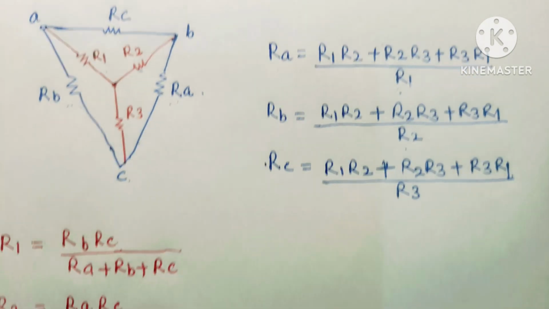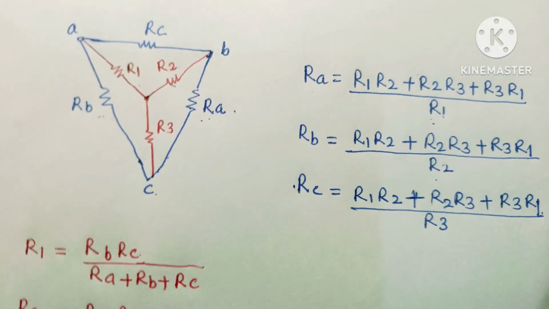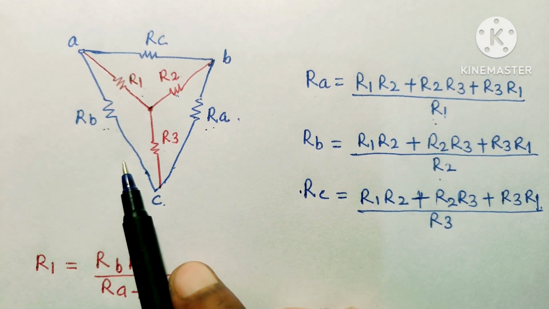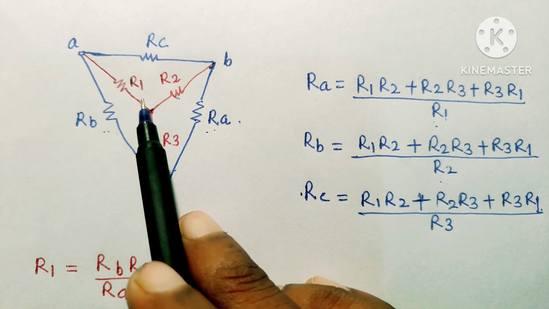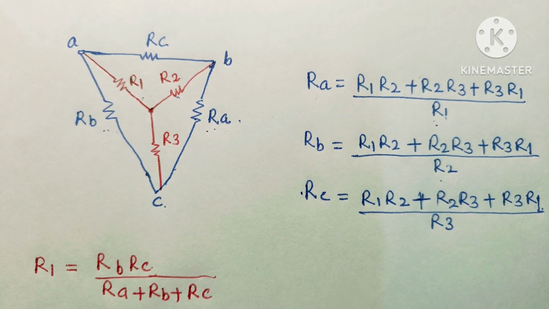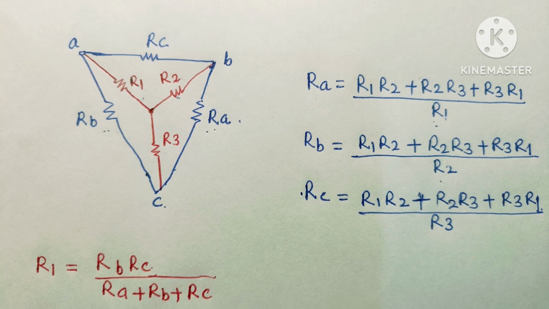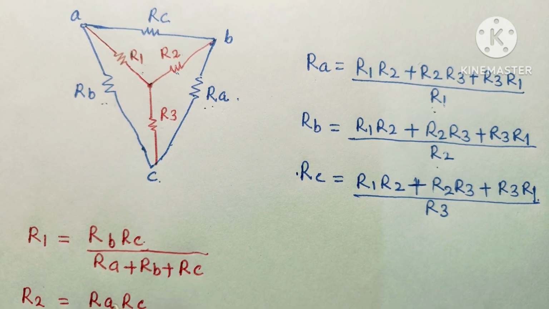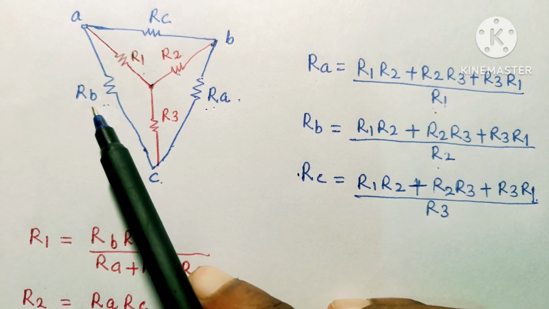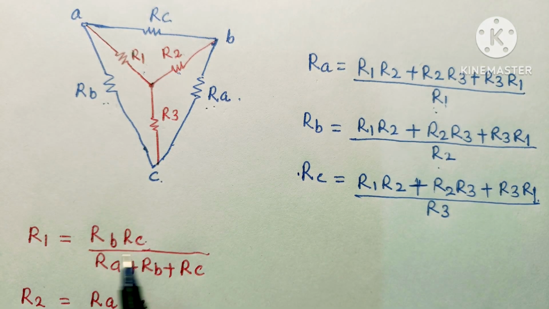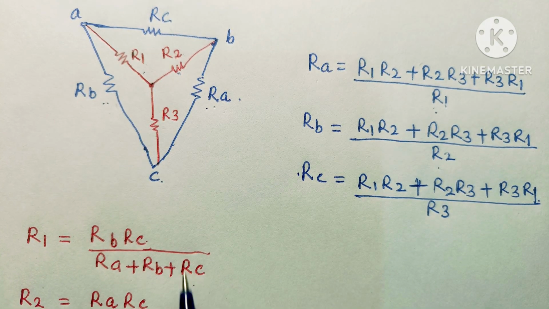Now let's see how we can find out the resistances in the Y form from the delta form. So here R1 is the resistance. To find out the R1 resistance, we multiply the resistances on both sides of R1, that is Rb into Rc, divided by the sum of all the resistances in the delta network, that is Ra plus Rb plus Rc.